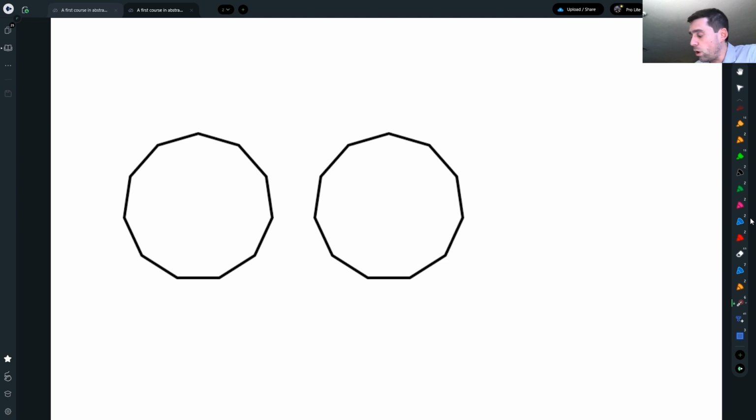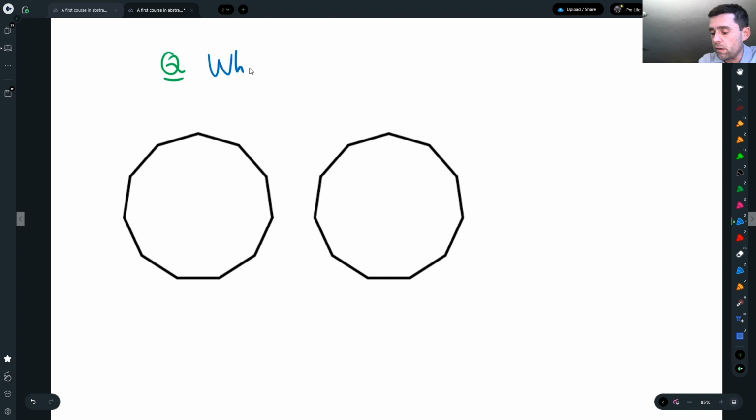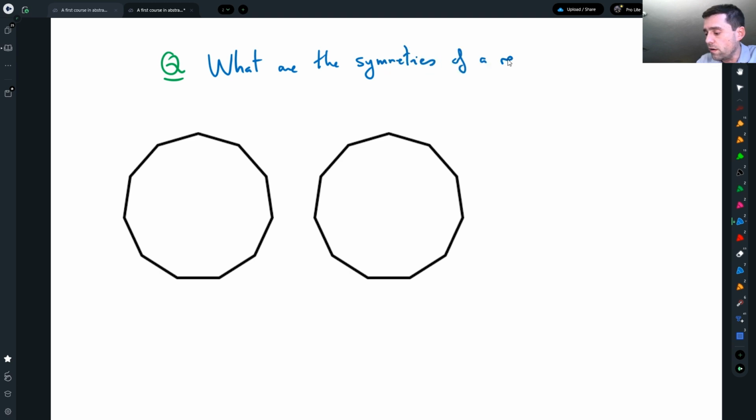So the question now is, what precisely are the symmetries of a regular n-gon?